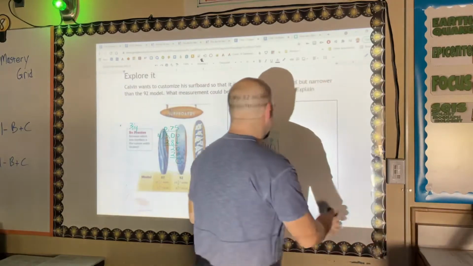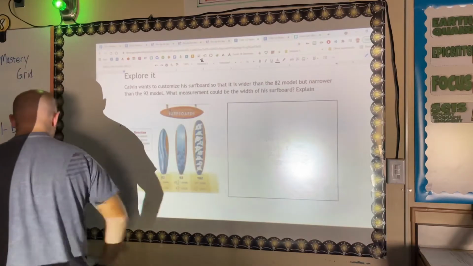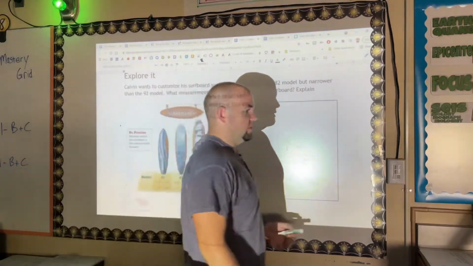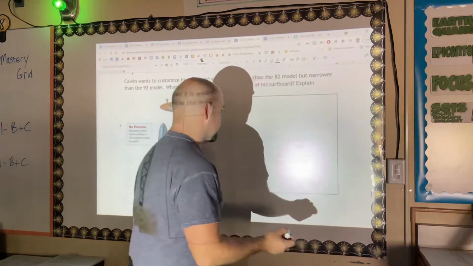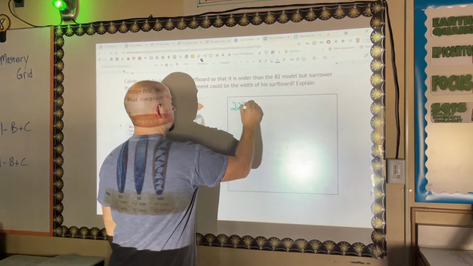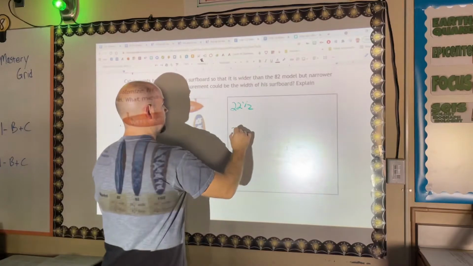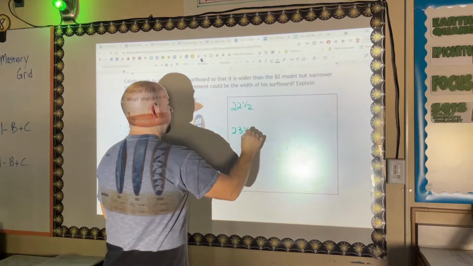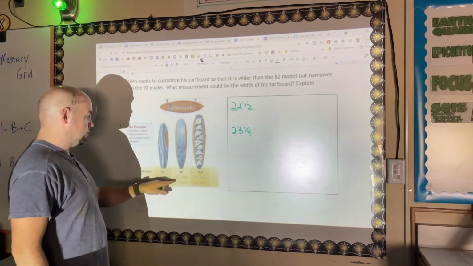This first exploration here is pretty easy. He's got 2 surfboards. He wants to look at what's in the middle of those. You've got 2 numbers. The first model is 22.5 inches wide. And his second model is 23 1/4 inches wide. And all it states is he wants to get something that's between those 2.